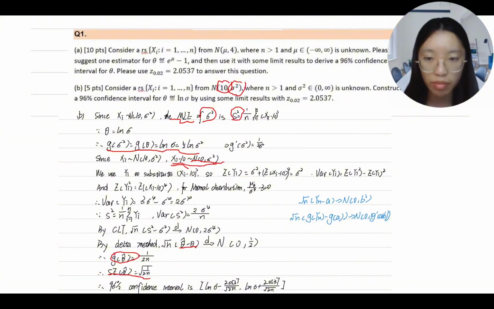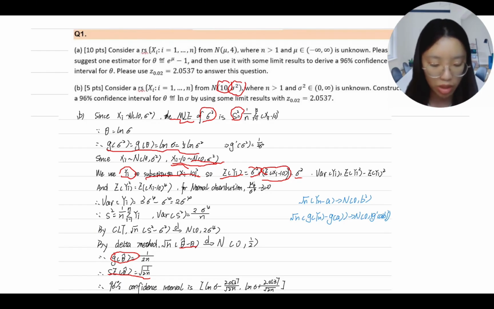And then we can use yi to substitute the xi minus 10 squared. So we can calculate that the expectation of yi is equal to sigma squared plus this part squared, but this part is equal to 0, so the result is sigma squared.